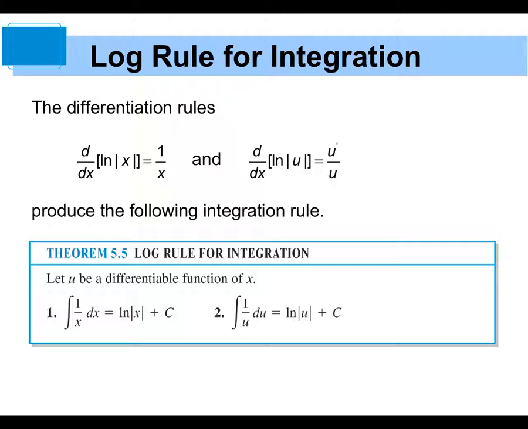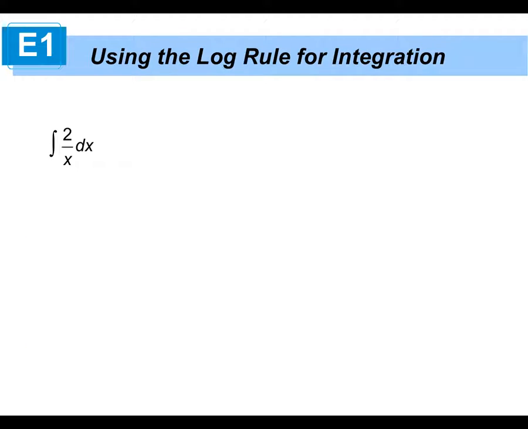For instance, I just said 1 over x cubed. What would the integral of 1 over x cubed be? Well, it would just be the natural log of the absolute value of x cubed. No. 1 over x cubed is x to the negative 3, and we know how to do that. So you got to be careful how you set these things up. We'll do a number of examples so you can get a feel for how this works. Okay, we ready? Just going backwards.